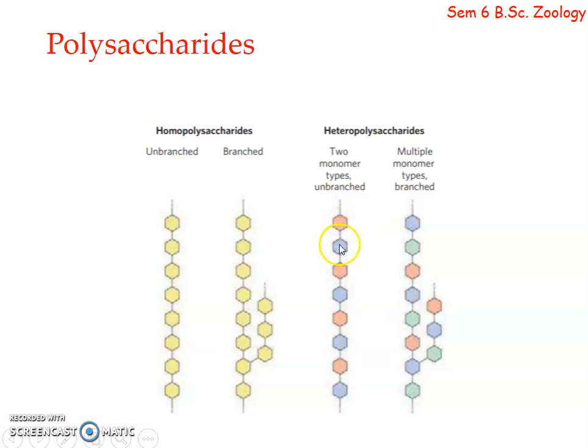Blue and orange represent two different kinds of monosaccharides. What about here? We have three kinds, one, two, and three. This is getting repeated, and each unit is formed of three different kinds of monosaccharides, multiple monomeric units. And furthermore, it is also branched.